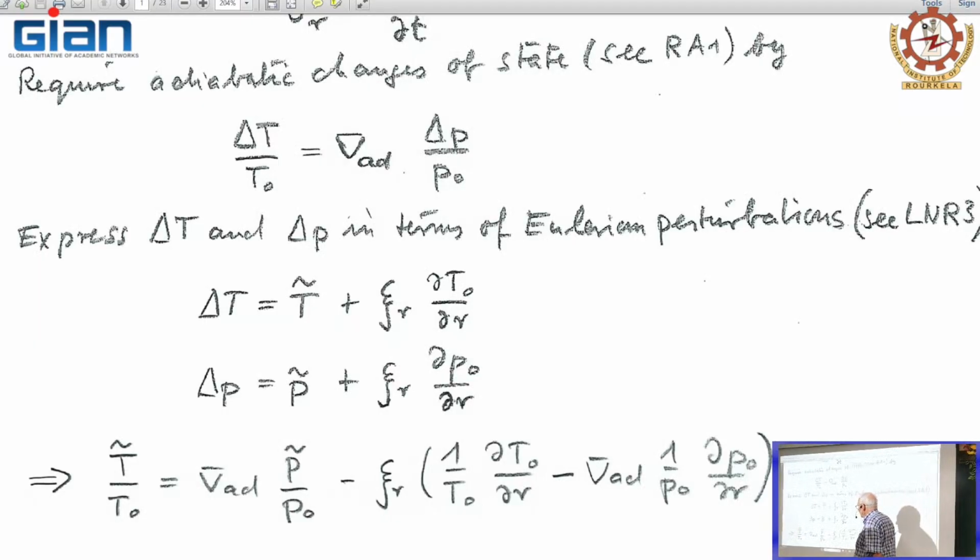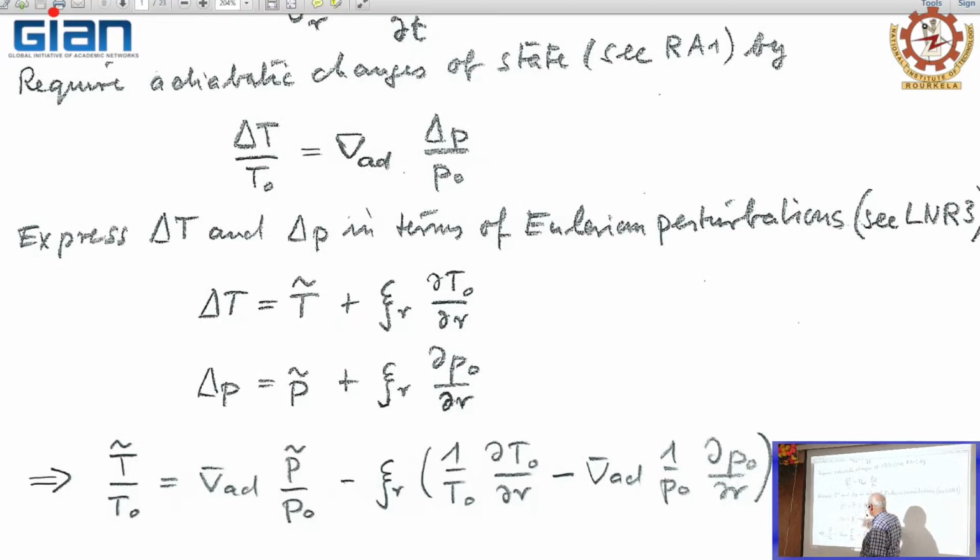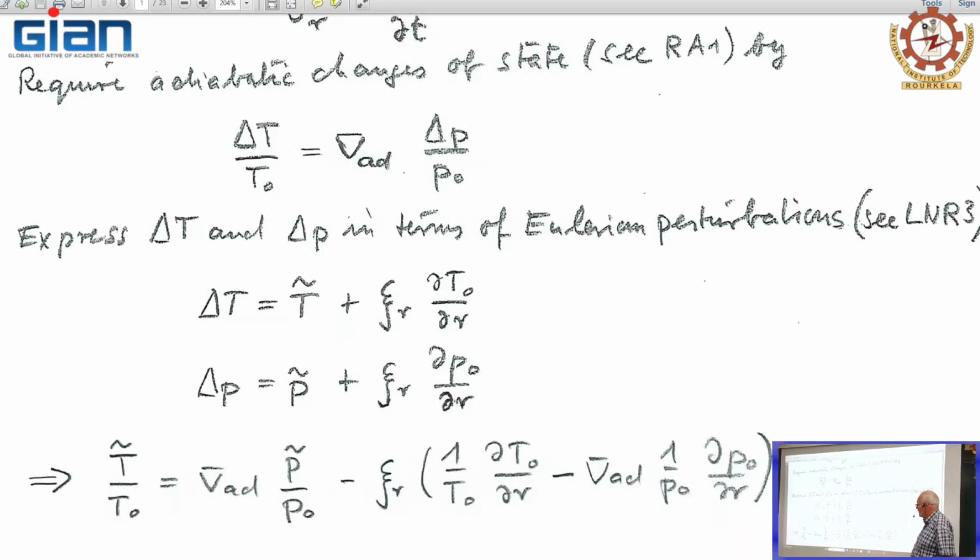So we obtain T tilde over T naught is nabla adiabatic times P tilde over P naught, parallel to the Lagrangian one, minus now the Lagrangian displacement times an expression which involves both the temperature gradient of the background model and the pressure gradient of the background model.